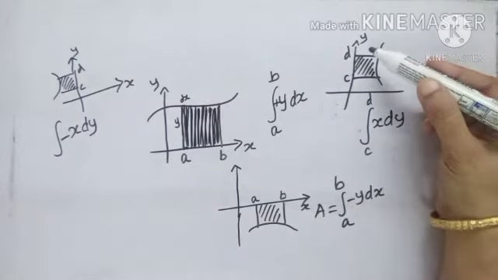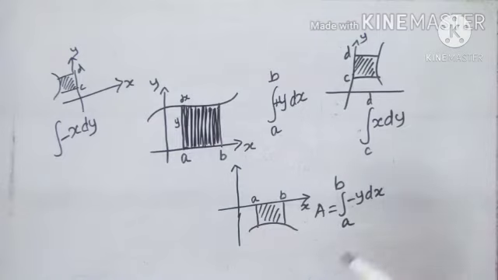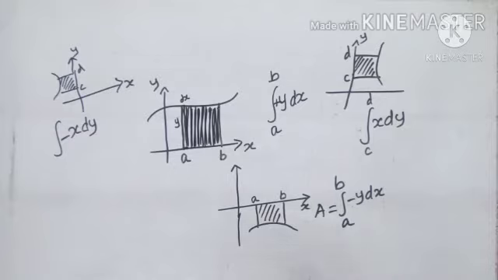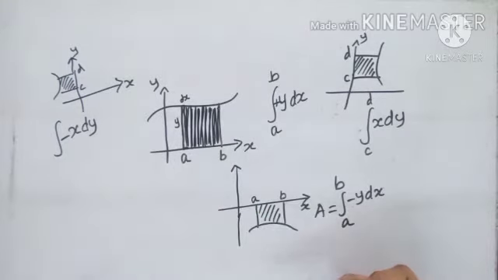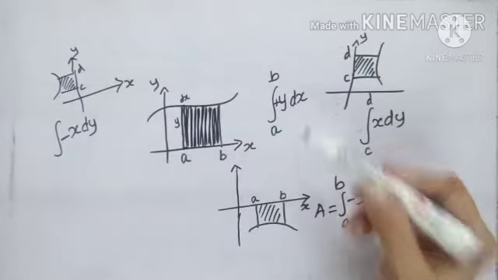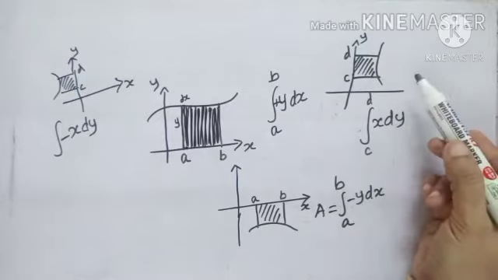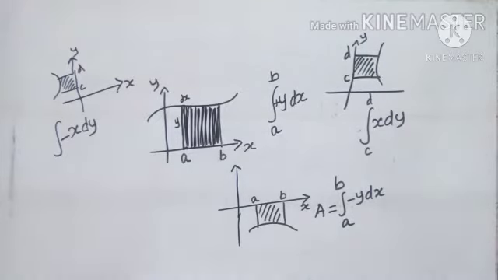And if it is y-axis, I must know the two limits for y. And also draw the curve and check whether the curve is above x-axis or below x-axis. Above, plus y dx; below, minus y dx. To the right of y, plus x dy; to the left of y, minus x dy. So let us proceed with the exercise problems.